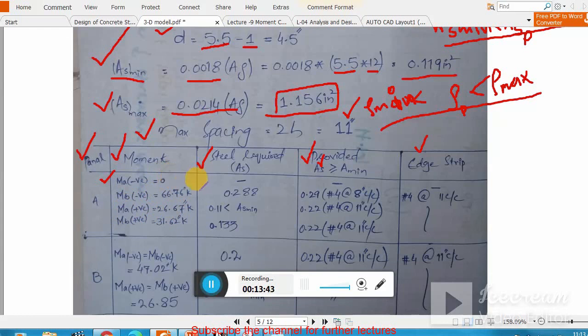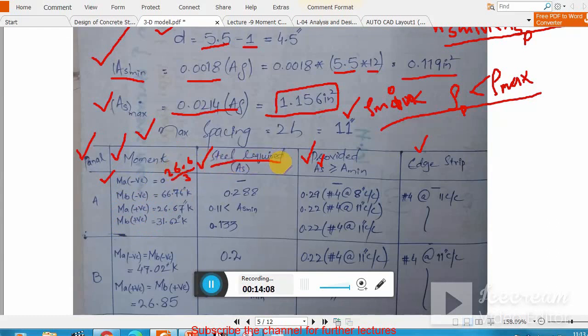The moment which you get will be right here. MB negative, MA positive, MB positive, we calculate all these moments as previously.